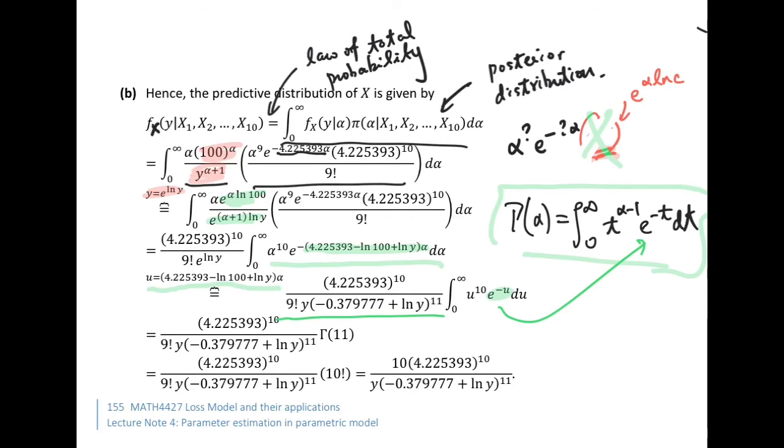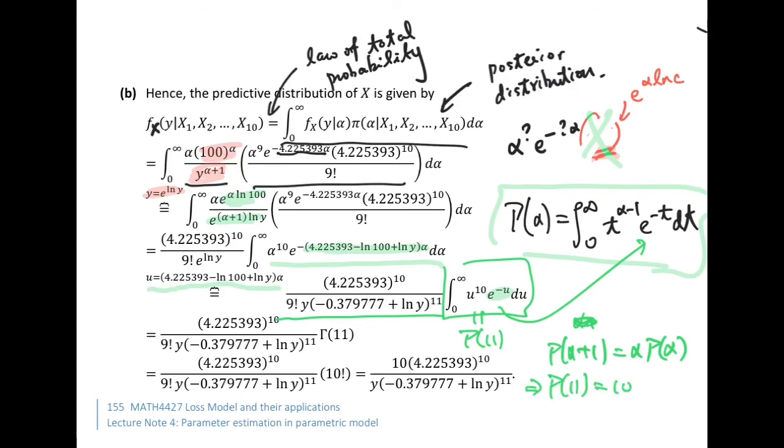After you have this, this term will be just equal to gamma 11. Remember, to evaluate this, you can use this fact to help you do the job. This implies that gamma 11 equals 10 factorial.